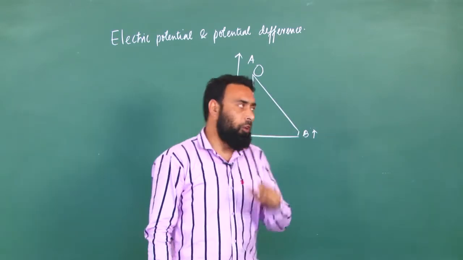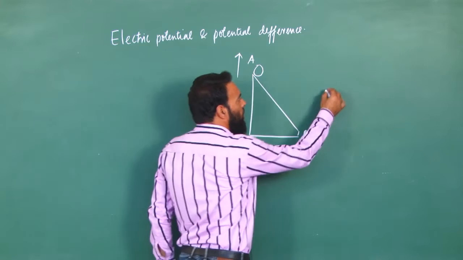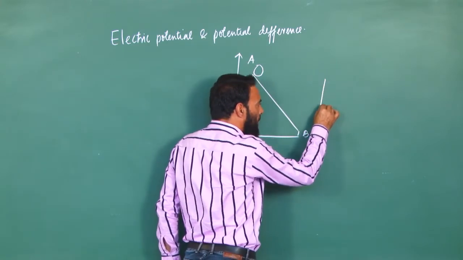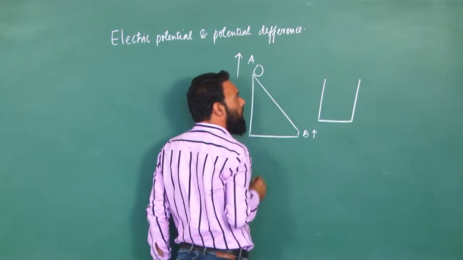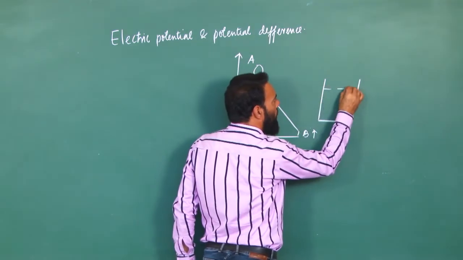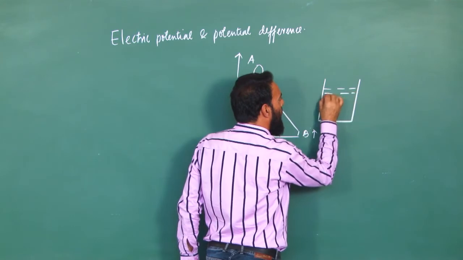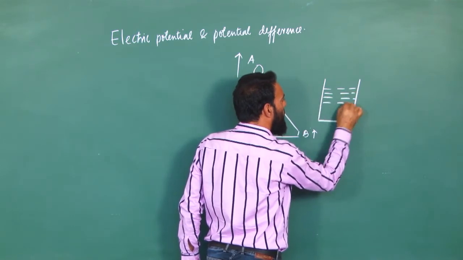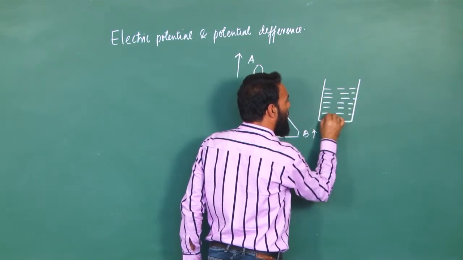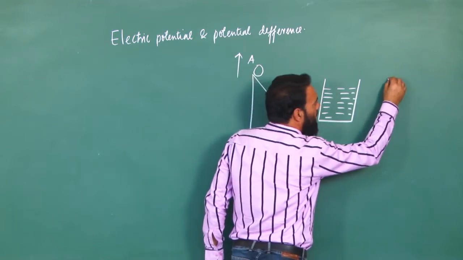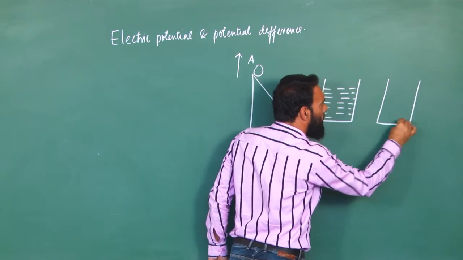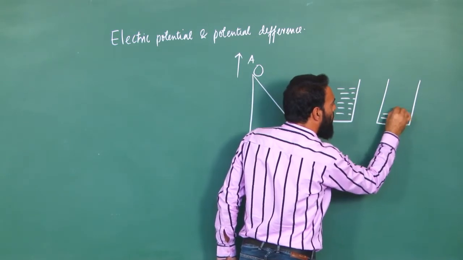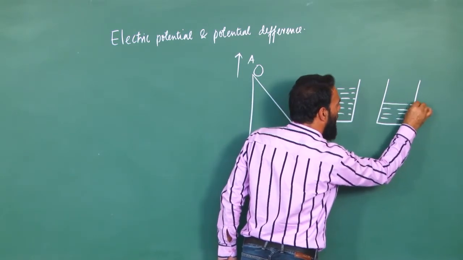Similarly, let's take an example of two tanks. One is tank A. The water is filled in the tank at this level, and second is tank B. Here the water level is up to this mark.